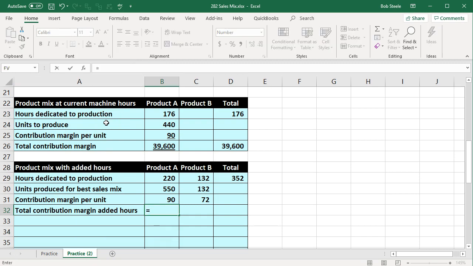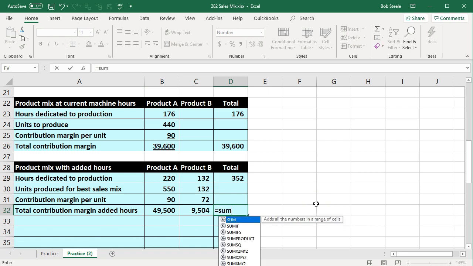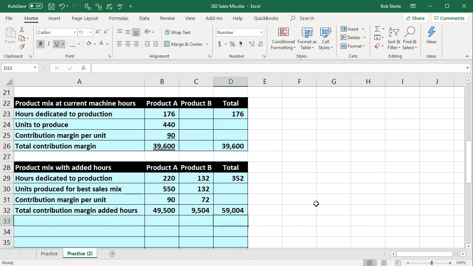So we're going to say this equals the 550 times the 90, plus the 132 times the 72. So our total contribution margin under this new scenario is going to be the 59,004.